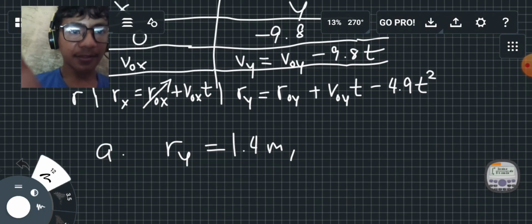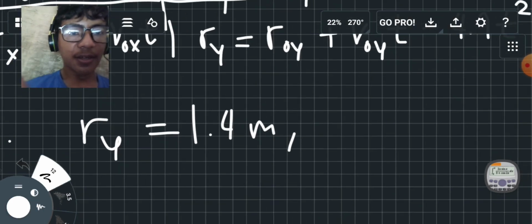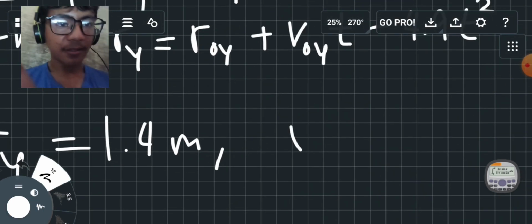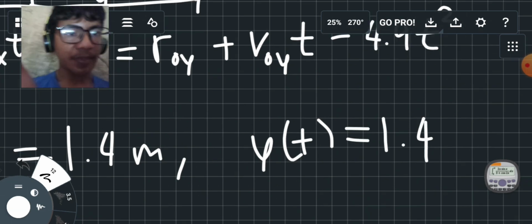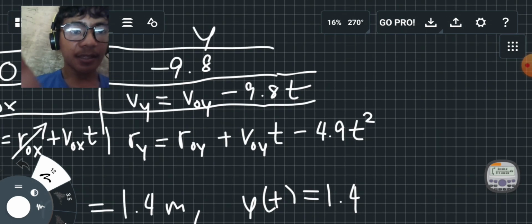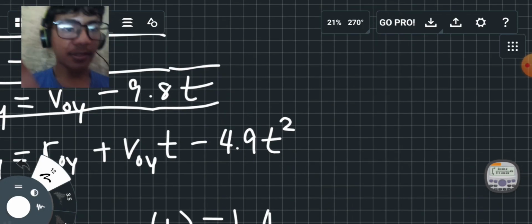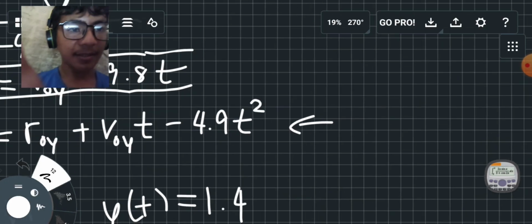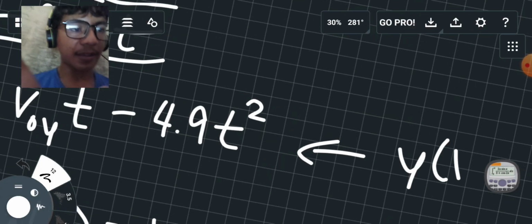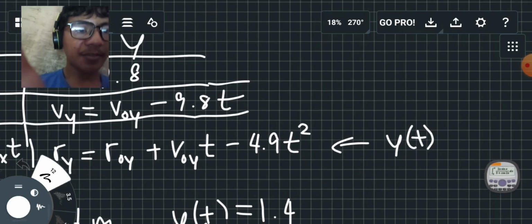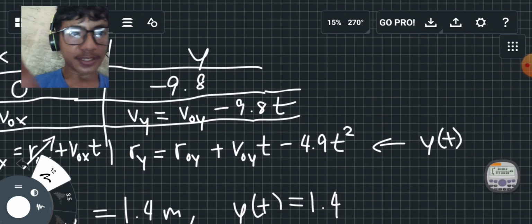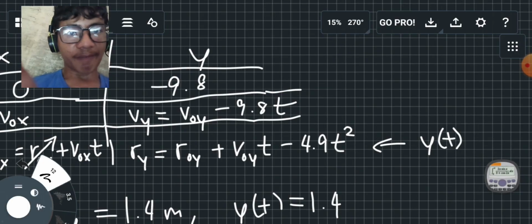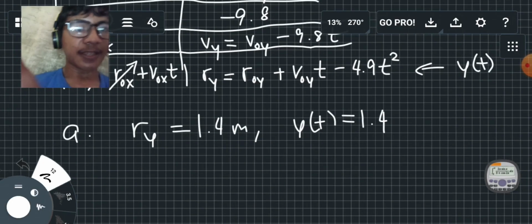So we are looking at y of t equals 1.4. This one, by the way, is also y of t. It gives the position of the object in the y direction as a function of time.